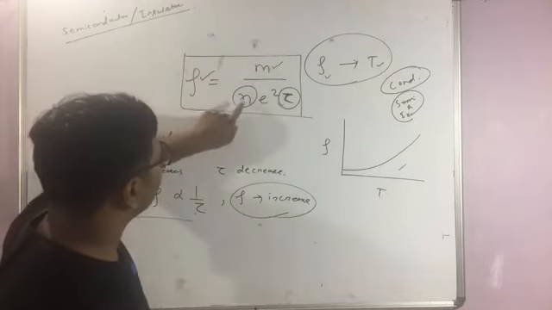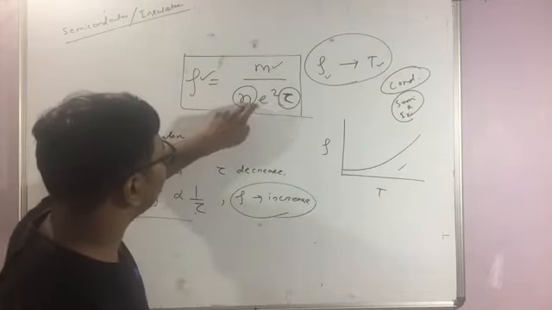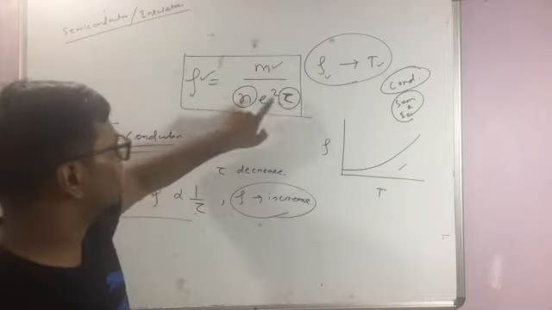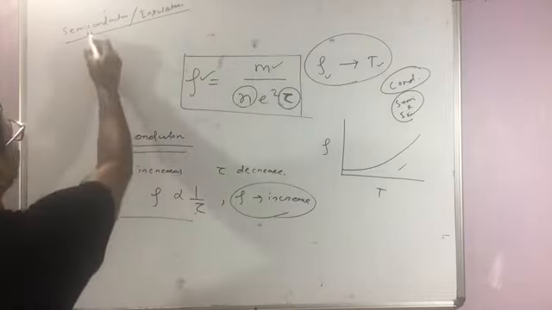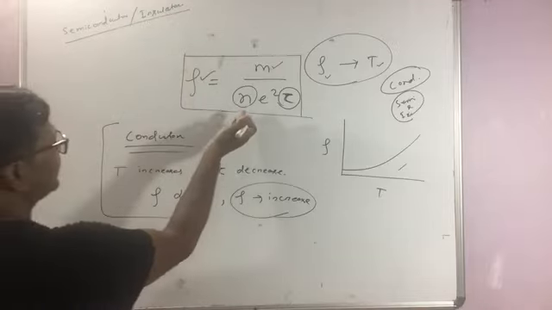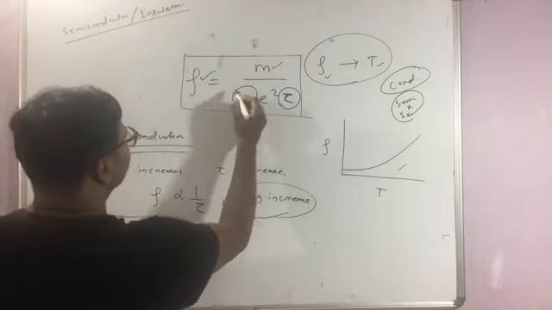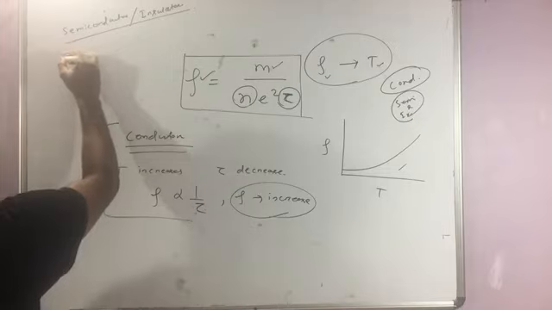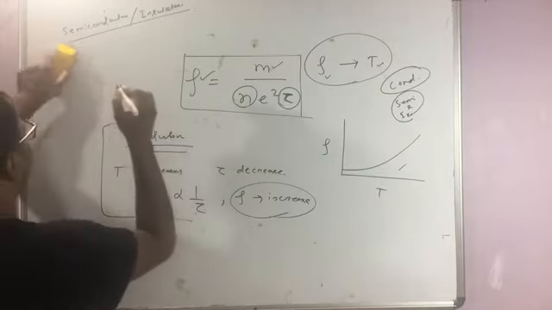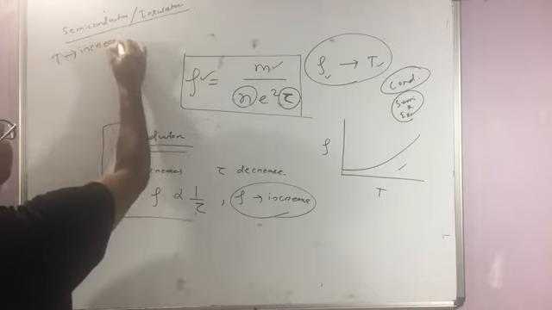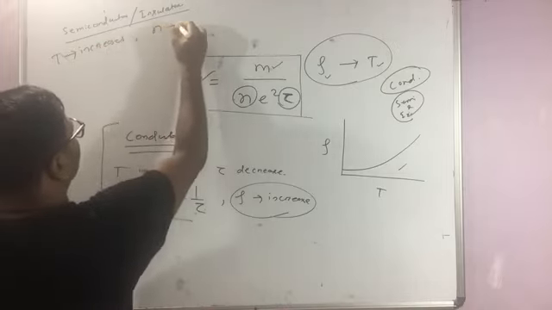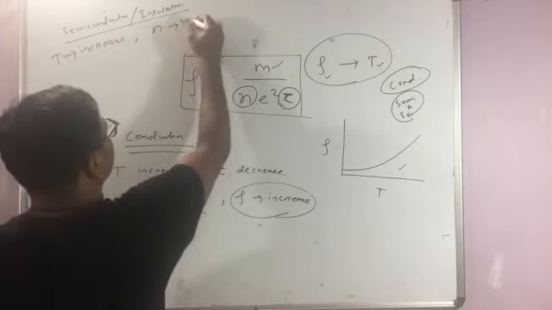In comparison to the change in the number density, the relaxation time has no effect. So we can neglect the effect of relaxation time. So in the case of a semiconductor and insulator, with an increase in temperature, the number density increases. So here, if T increases, N increases.